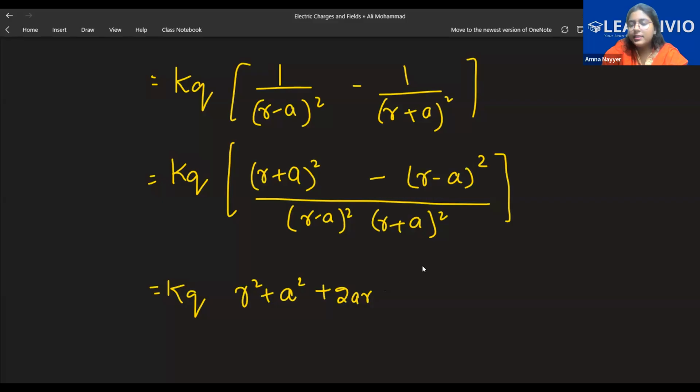Similarly, this is R square, but because of the negative sign, it will become minus R square, minus A square, and minus 2AR, minus minus will become plus. Plus 4AR divided by. Now this, can you tell which identity is this?